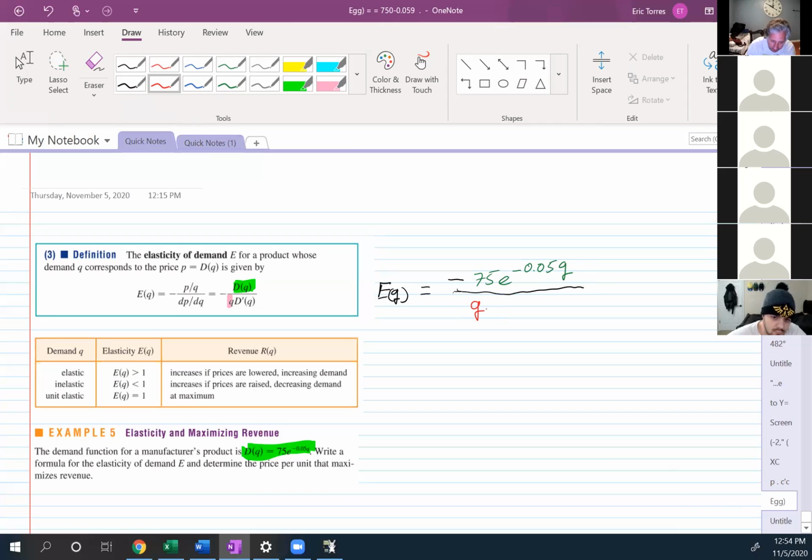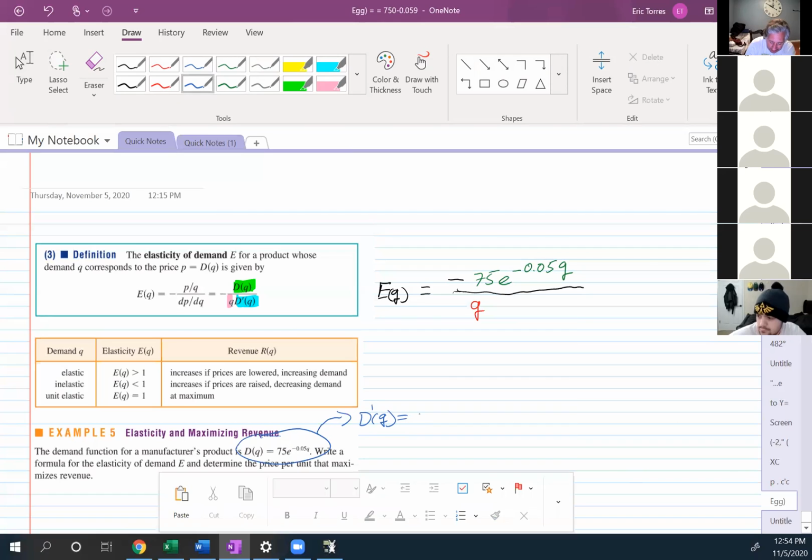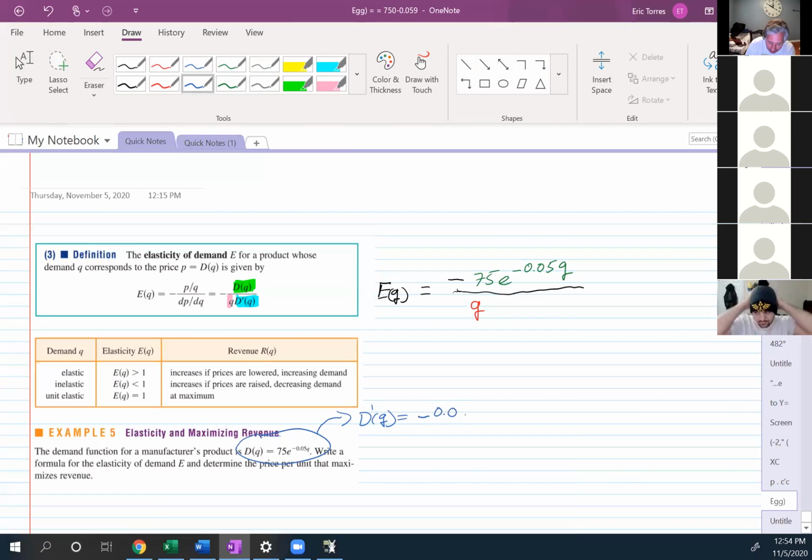So I'm going to take my demand function and find its derivative. The derivative of any exponential function is basically itself times its rate. So the rate of this is negative 0.05, and then I'm just going to multiply it by the original function.